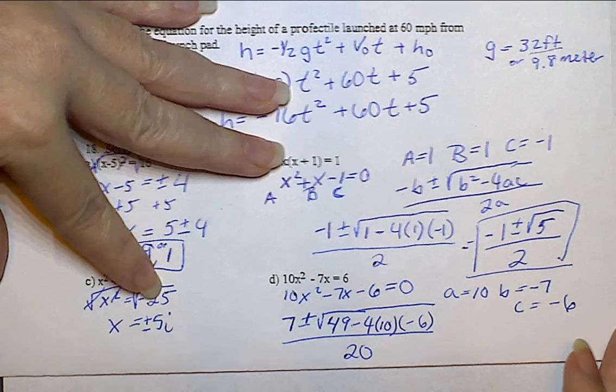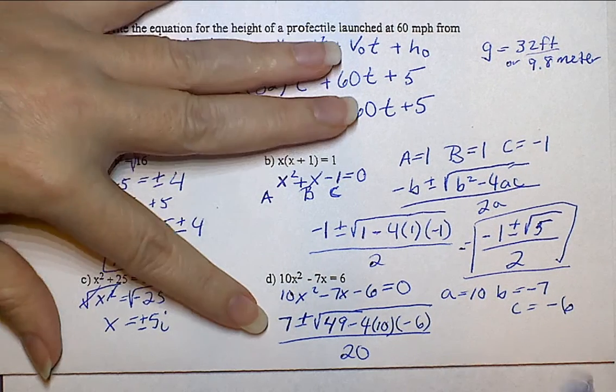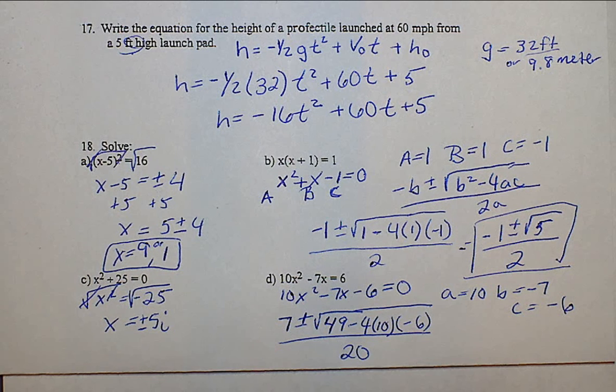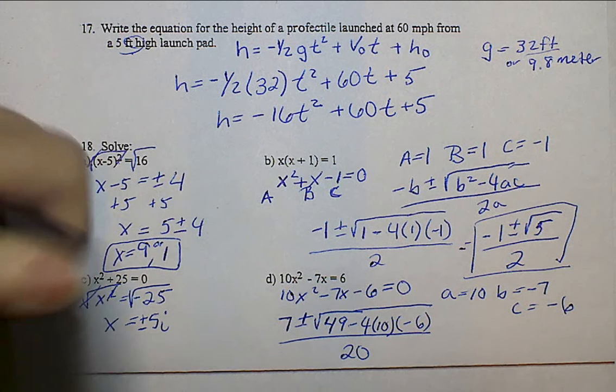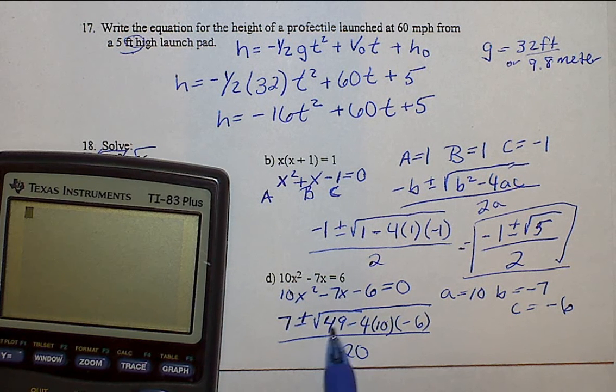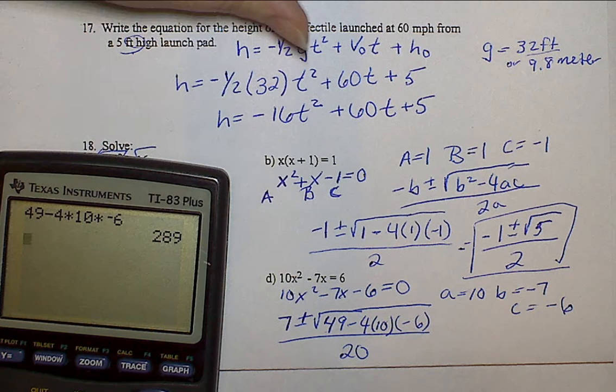Alright, so now you can take your calculator and put this all in: the 49 minus my 4 times 10 times negative 6, which is 289.